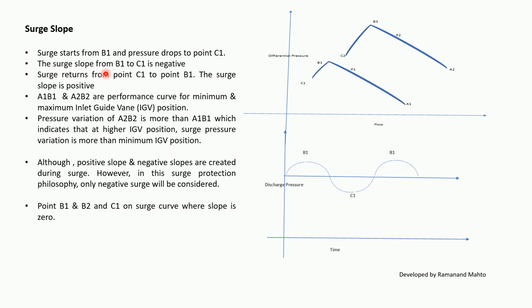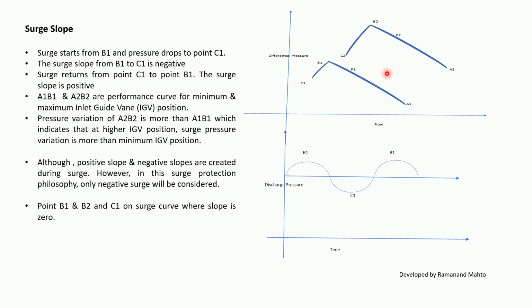The surge slope from B1 to C1 is negative, because pressure is down. Surge returns from point C1 to B1 during the surge cycle, and the surge slope is positive. So if pressure rises from C1 to B1 it is considered a positive slope, and from B1 to C1 a negative slope.